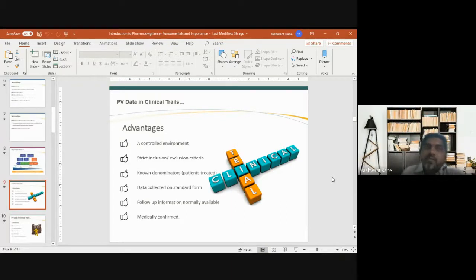And that's very important when we say that this adverse event or side effect is due to the product or not. That's why, with follow-up information, whenever we have a query, there is an element of doubt, we can ask and collect the data from there.